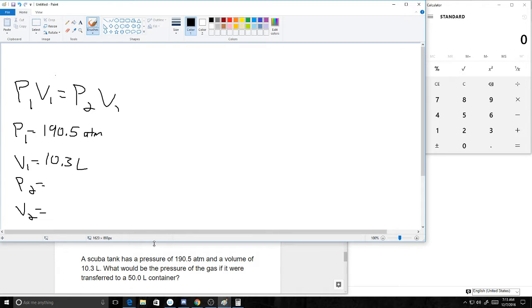They then say what would be the pressure if it were transferred to a 50-liter container? So we said what would be the pressure. That's our P2, that's what I'm looking for. And then volume 2, they said, is 50 liters.